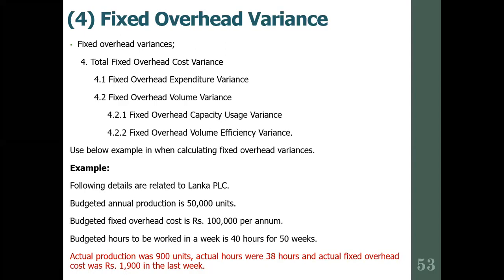You would have planned for say 10,000 units, but at the end you would have ended up producing 8,000 units. So the volume can be different. So due to that, there can be a fixed overhead cost related variance, right? So that is about the overhead variances, the expenditure variance versus the volume variance.